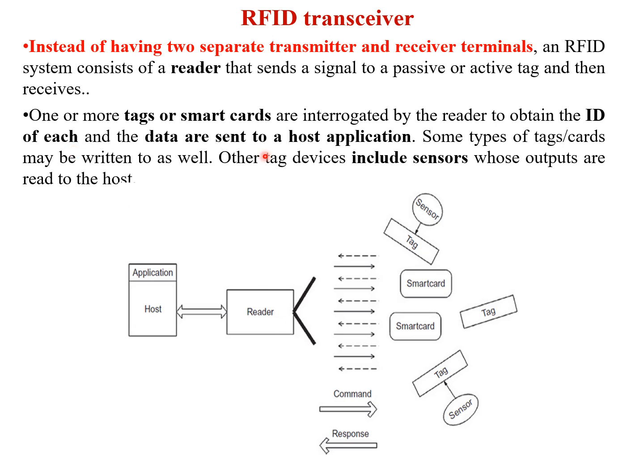One or more tags or smart cards are interrogated by the reader to obtain the ID of each, and the data will be sent to the host application. Some types of tag or card may be written to as well. Other tags include a sensor whose outputs are read to the host.